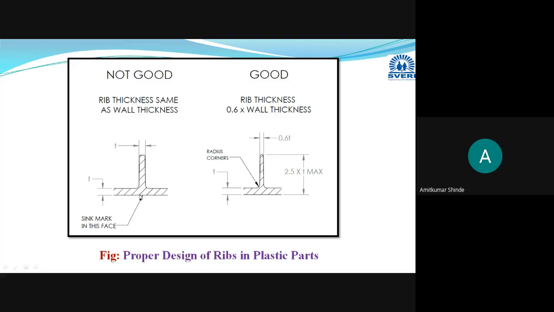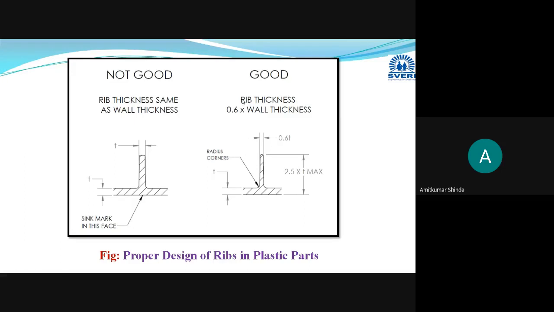Sink marks will be formed as you are using thick ribs. So to avoid these sink marks, what you have to do is keep the rib thickness within a range, less than the wall thickness. Whichever rib thickness you are providing, it should be less.